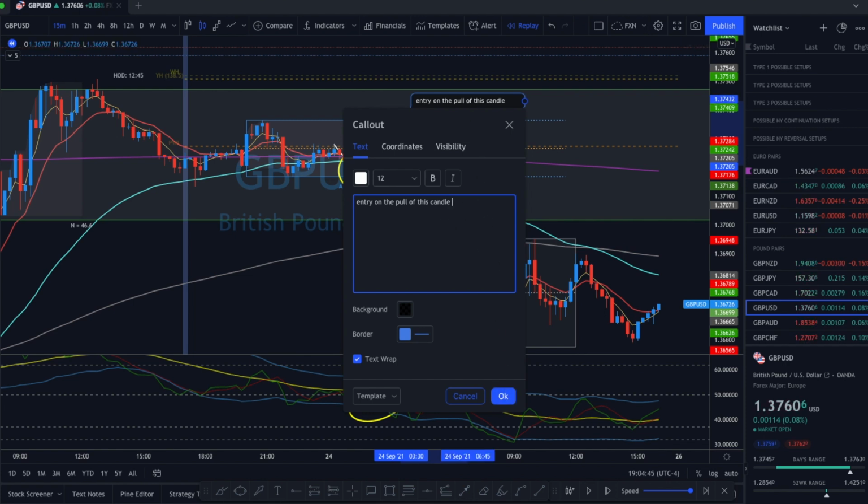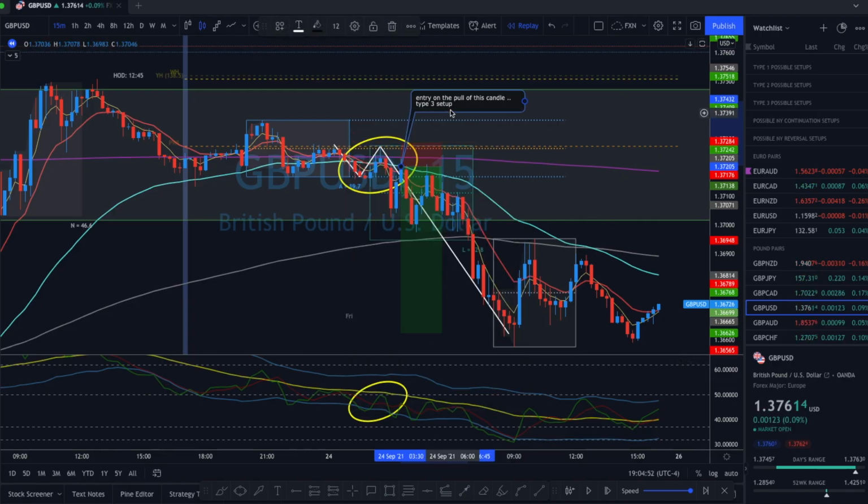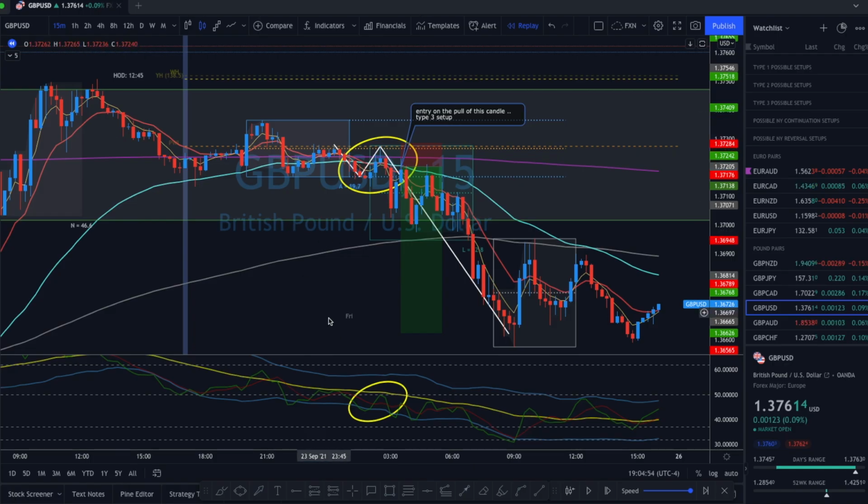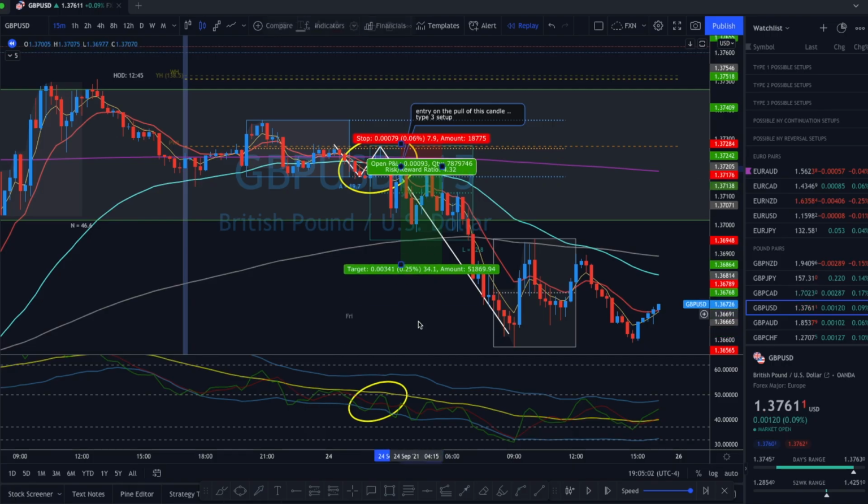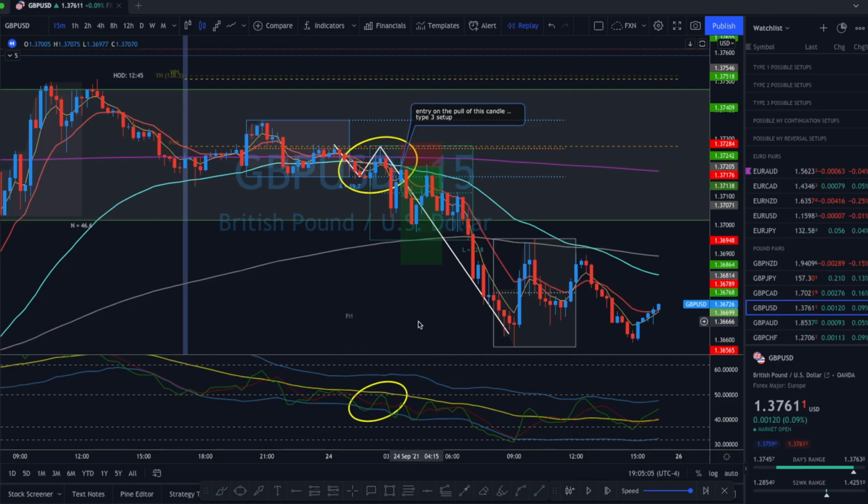And you can write in here as well, type 3 setup. Okay, so something like that, where you draw out the pattern, you have your risk to reward ratio. Okay, this is actually a good example.